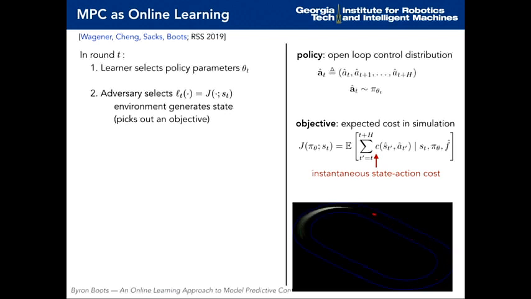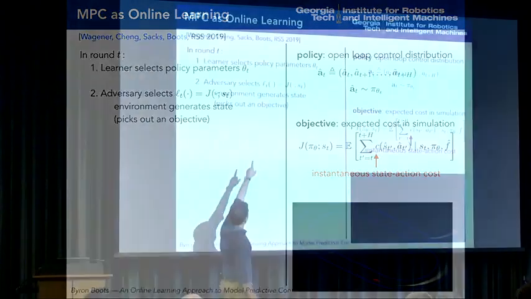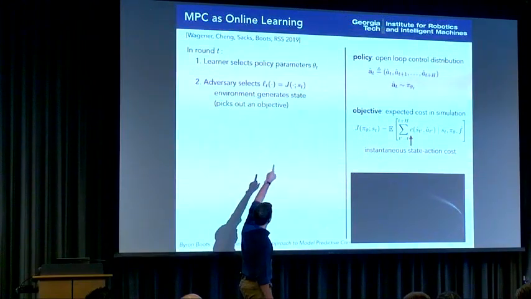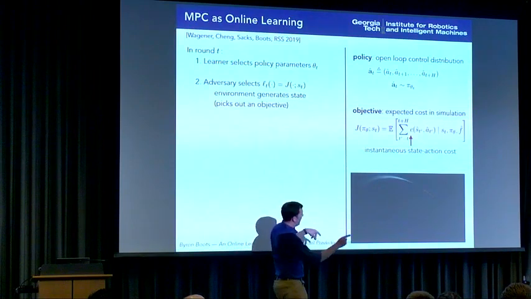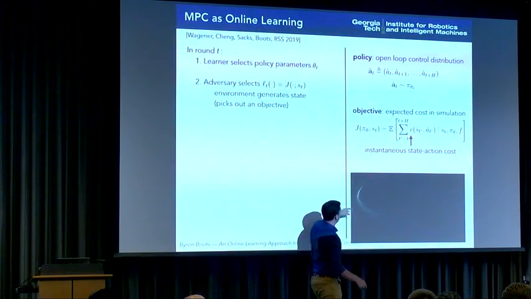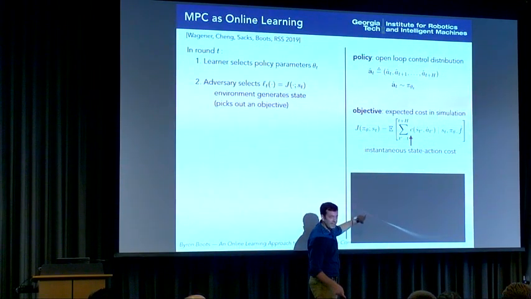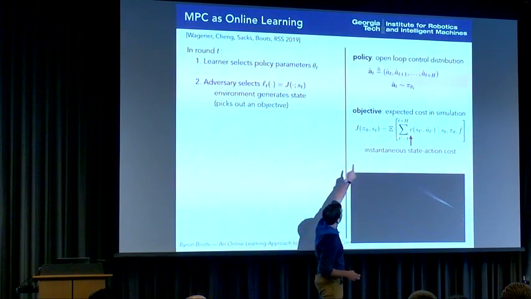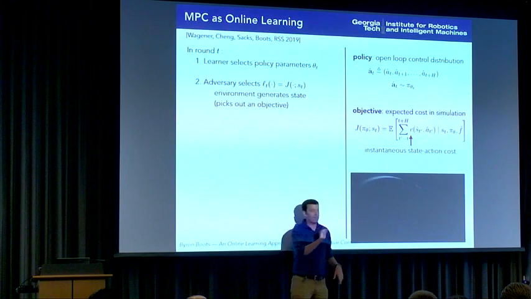Now one of the things which is kind of interesting is that you can view the environment as selecting a loss function for our policy, and it does this by generating a state. So the idea here is that our loss at time t is just going to be the world putting our robot in a particular state in the simulator. Once we have that, we're then going to evaluate our control distribution at that state.